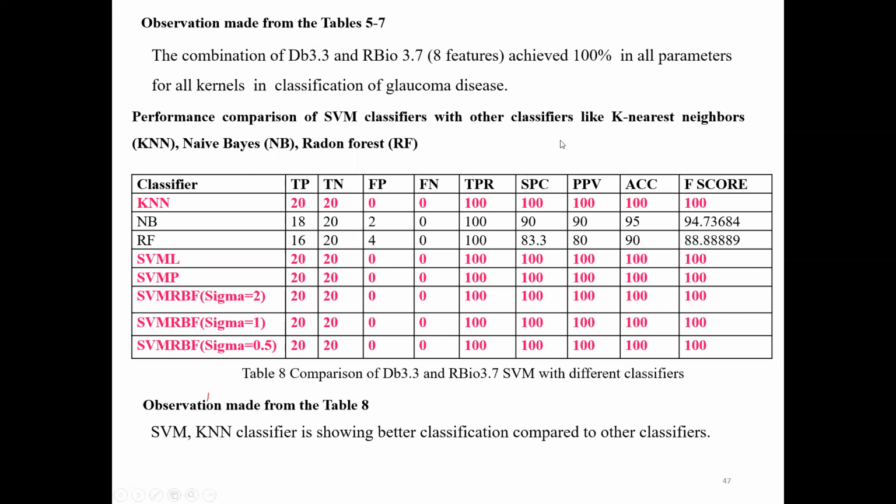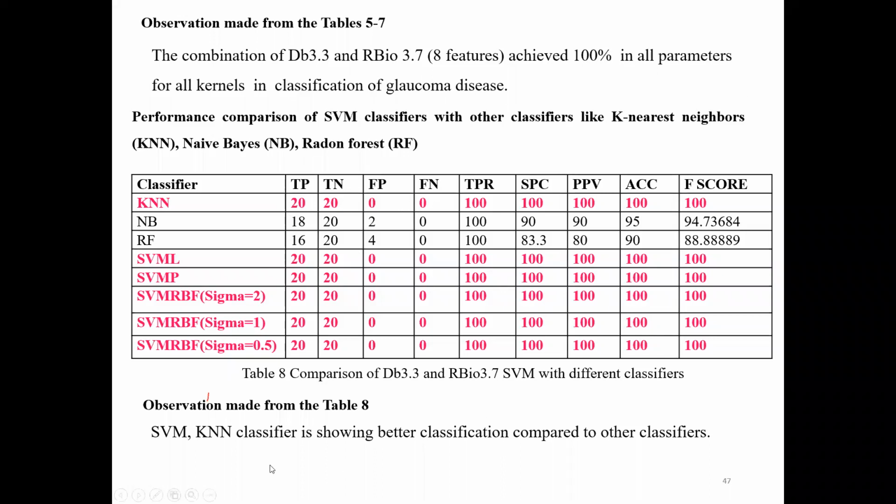Performance comparison of the SVM classifier with other classifiers like K nearest neighbor, KNN, naive Bayes, and random forest is done here in this tabular form. Comparison of dB 3.3 and RBIO 3.7 SVM with different classifiers is shown here.